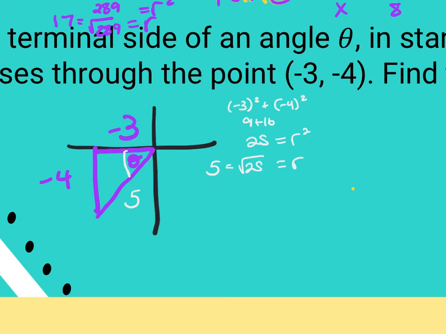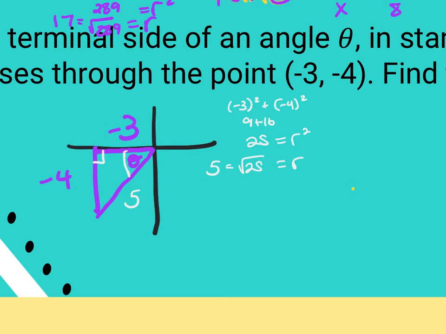Well, closest to the x-axis, because the origin is a point, so it could be here or it could be here. You always want it in between the angle and the x-axis, so always closest to the horizontal. But the right angle is on the x-axis too. Yeah, but it's over here. So this would be my right angle.